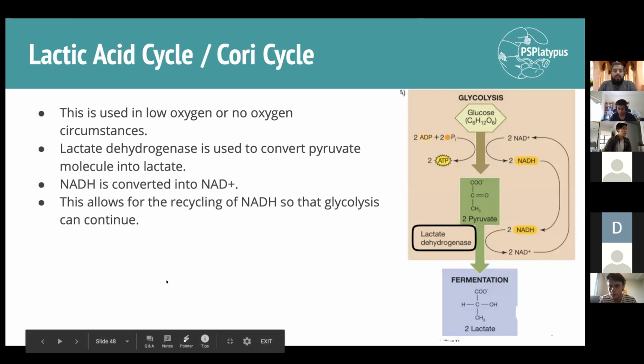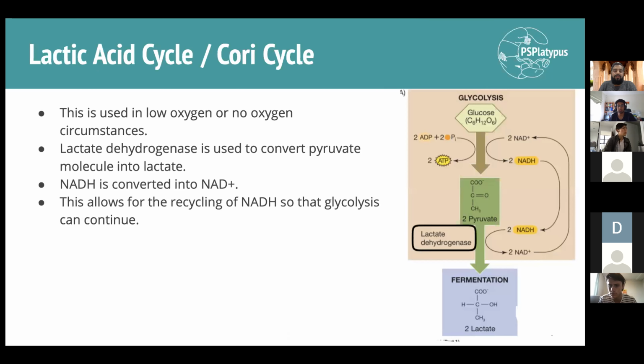Then, if there was no oxygen or not enough oxygen, we'll move to the lactic acid cycle or Cori cycle, where pyruvate will be converted into lactate and NADH will be converted into NAD plus.